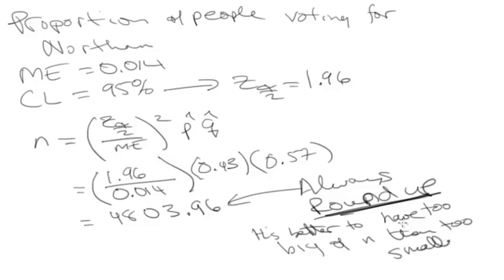Too small, we might end up with overlapping margins of error. Too big, we spend a little extra money to find one more person. So n is going to be 4,804 people. Now, you would have rounded that up anyway, but no matter what, round up.